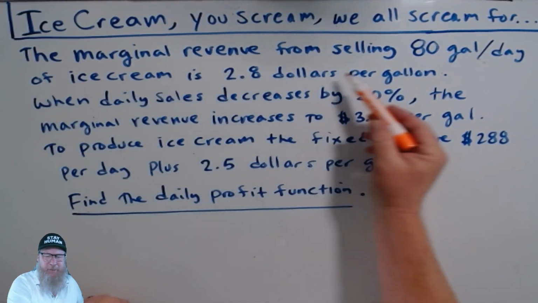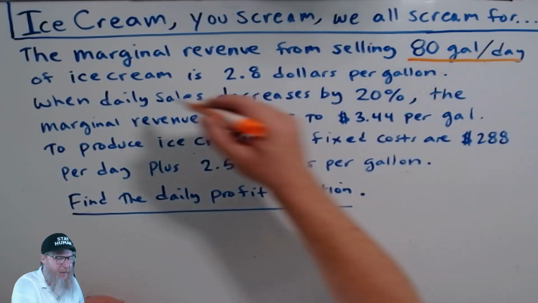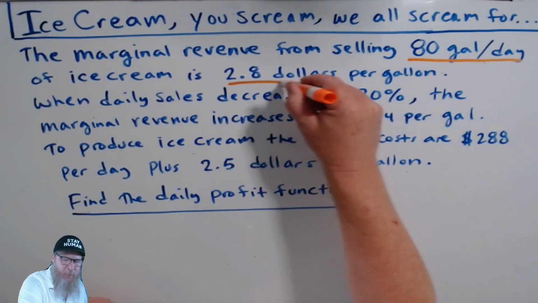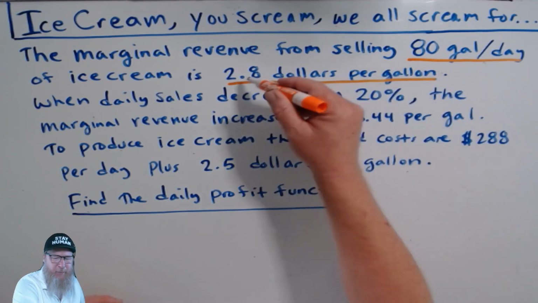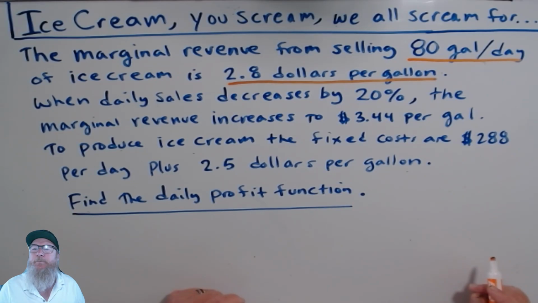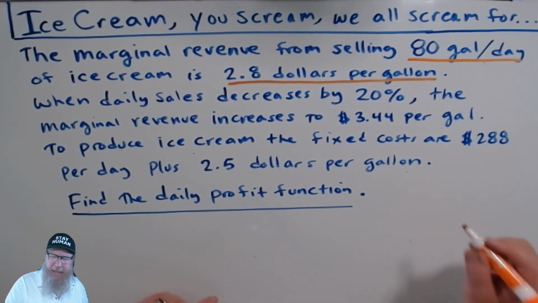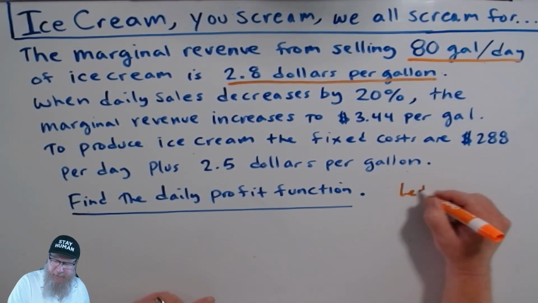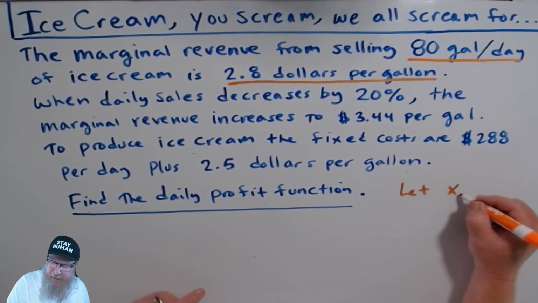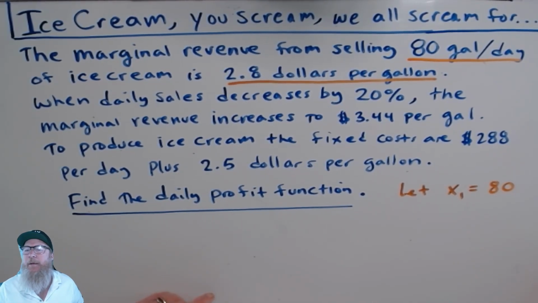The marginal revenue from selling 80 gallons per day of ice cream is $2.80 per gallon. We can start writing this down. As usual, we'll let X be the quantity, so X1 will be 80 gallons.